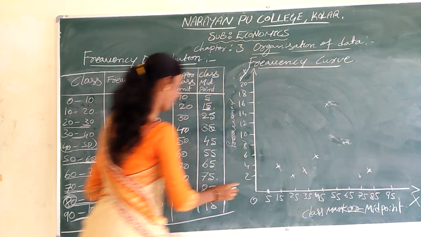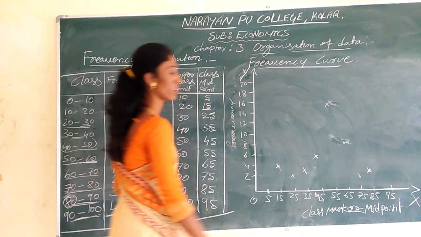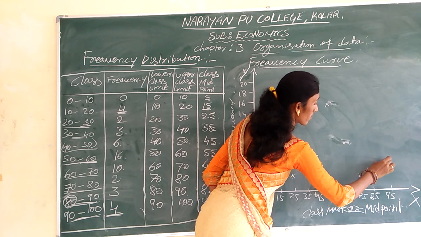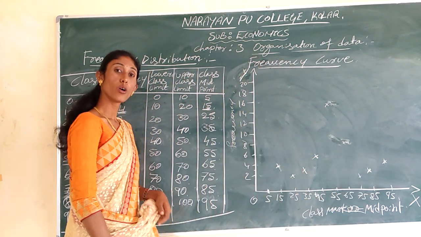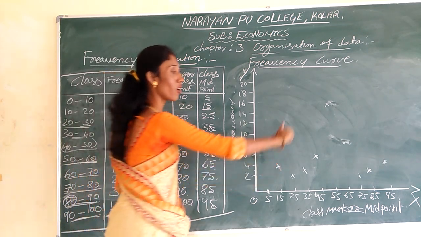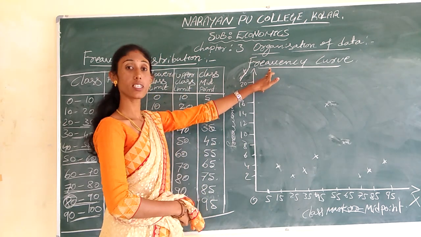And at 95, the frequency value is 4. This is how we get the plotted points in the chart, and by joining all these points we get a frequency curve.